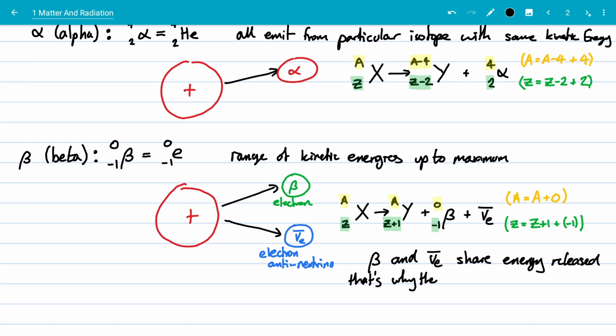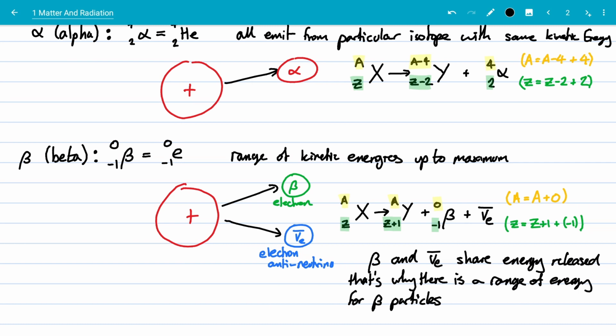In fact, it was the range of energies that was first noticed and led to the electron antineutrino being proposed as a way of answering this conundrum of why did the beta particles have a range of kinetic energies.